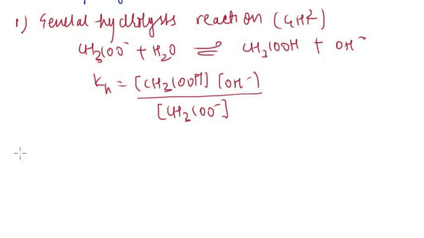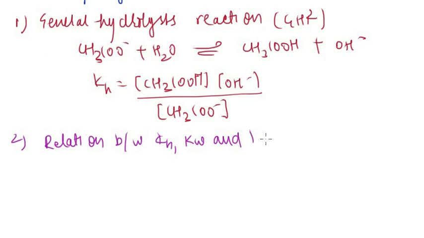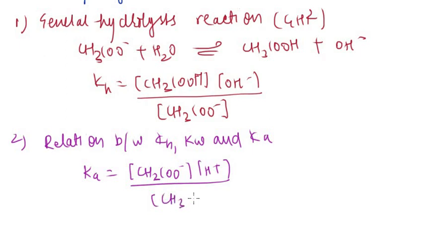Now the second part is the relation between KH, KW and Ka. We can write Ka for acetic acid as CH3COO negative and H positive divided by CH3COOH, and we can write Kw as H plus into OH negative.